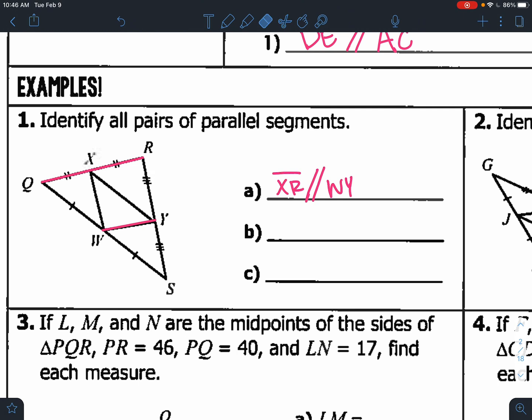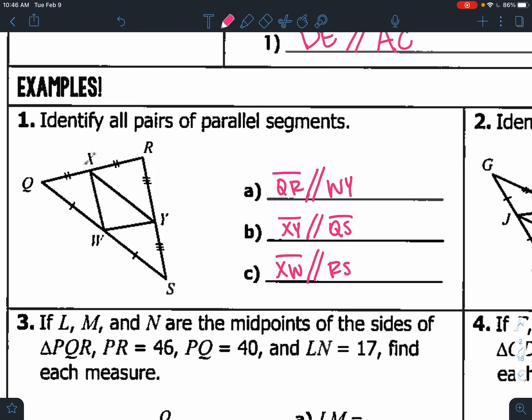I guess I should change that to QR since that's the whole way across, but either way, that takes care of it. All right, so if I take a look at those two and move around my triangle, then XY is going to be parallel to QS, and XW is going to be parallel to RS.